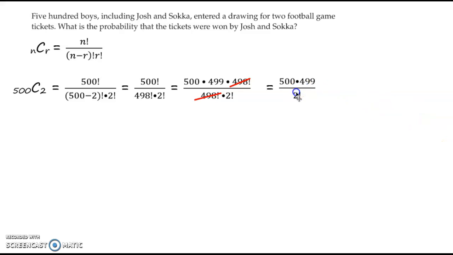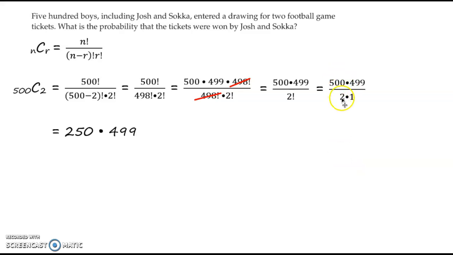Once I've simplified that, I have 500 times 499 over 2 factorial, which is really 500 times 499 divided by 2. Whenever I do that, I can simplify the 500 by 2, so I have 250 times 499, which is really 124,750.